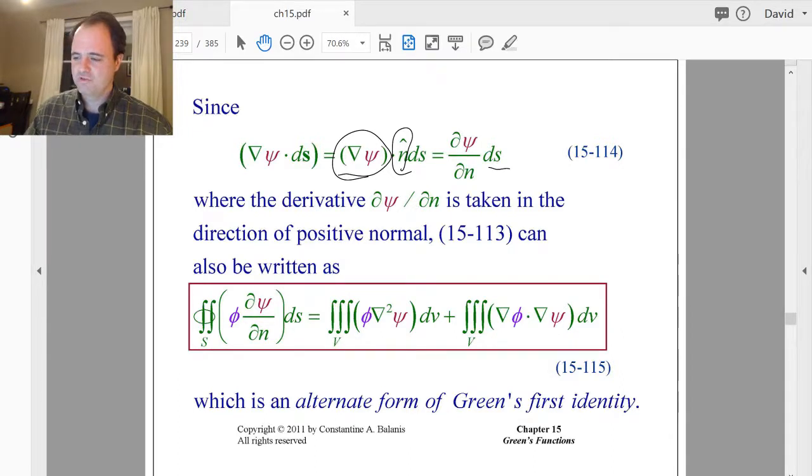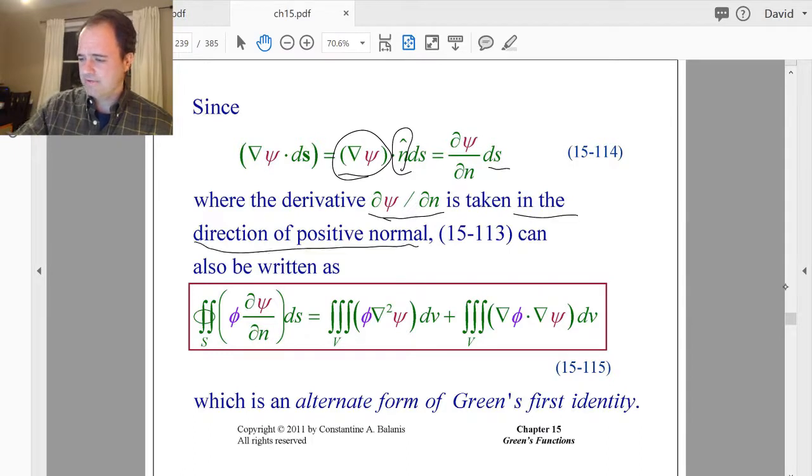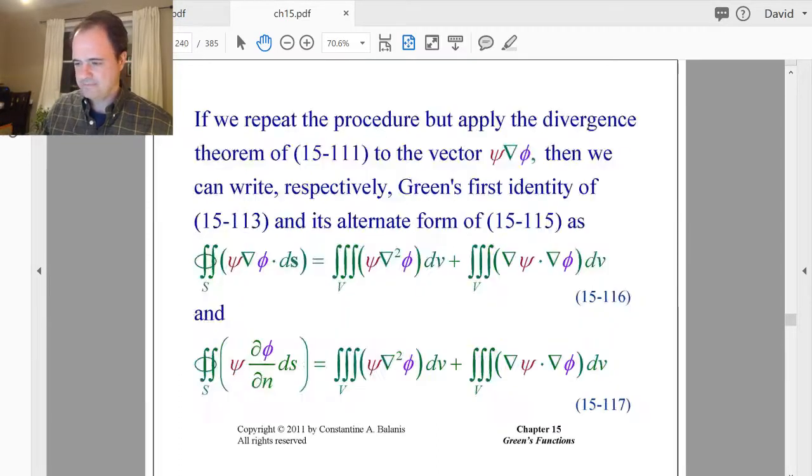That's generally noted as dψ/dn, where the derivative dψ/dn is taken in the direction of the positive normal, and so we can write Green's first identity like this. Same thing, it's just an alternate form.